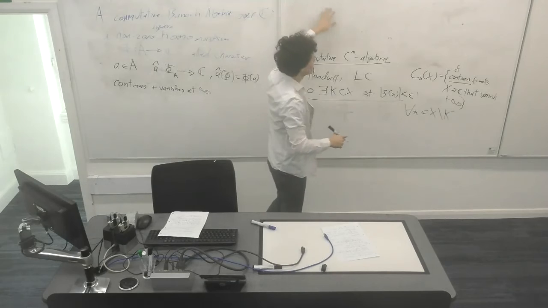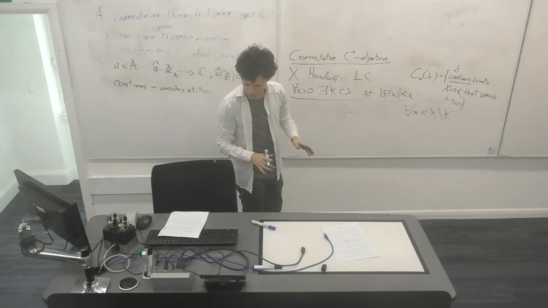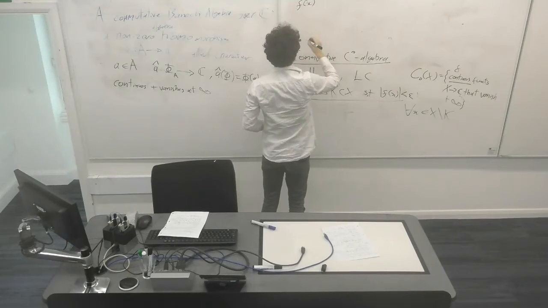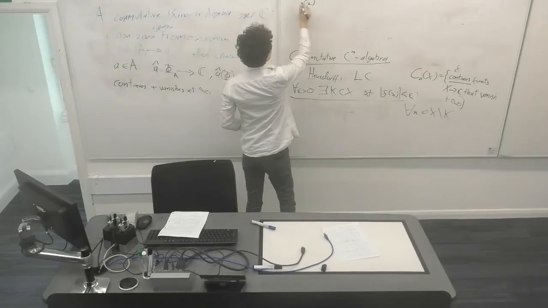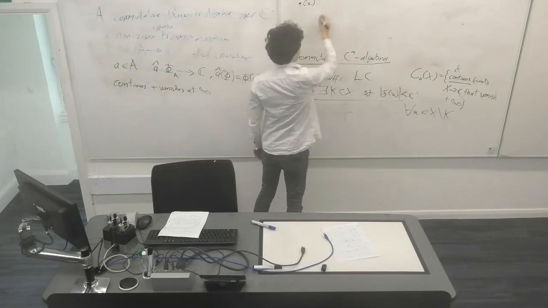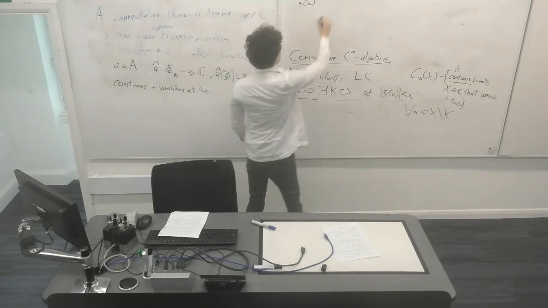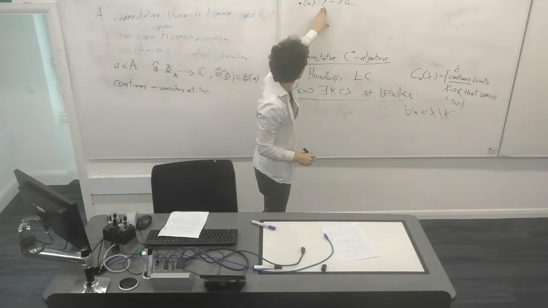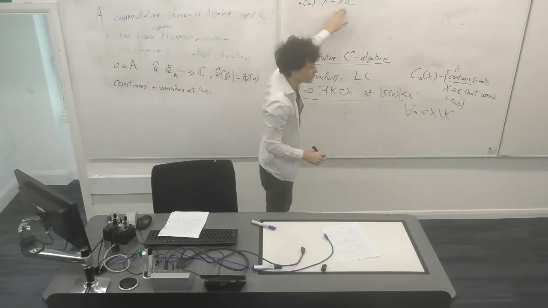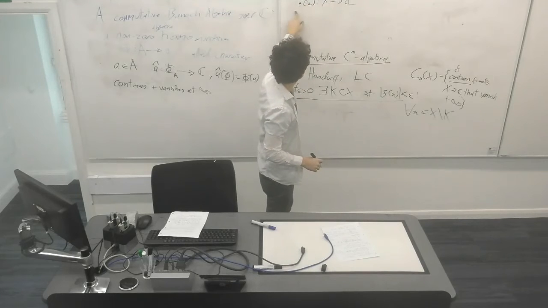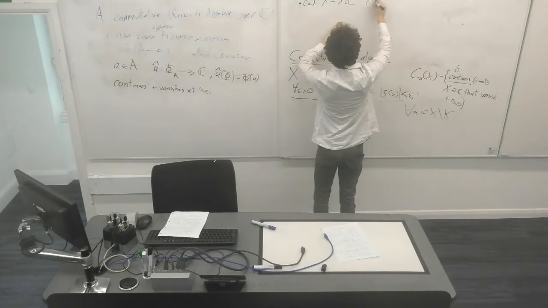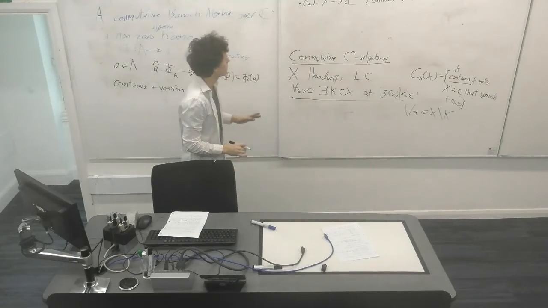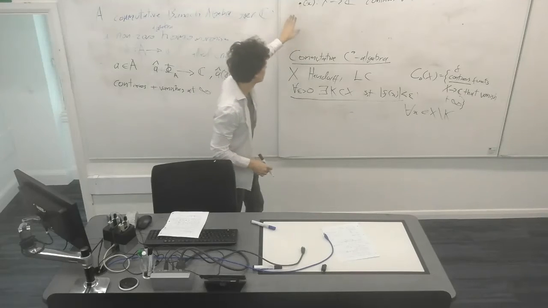In this case, the weak topology is the set of open sets such that the map f of x, essentially evaluation at x, from X star, the dual of X, to C, takes a functional in the dual, applies it to x, into C. Weak topology is defined as a topology such that this function is continuous for all x in X. It's the smallest topology possible such that this holds.